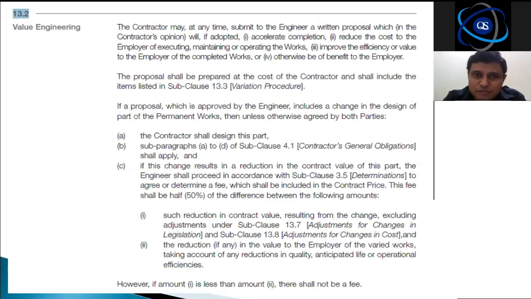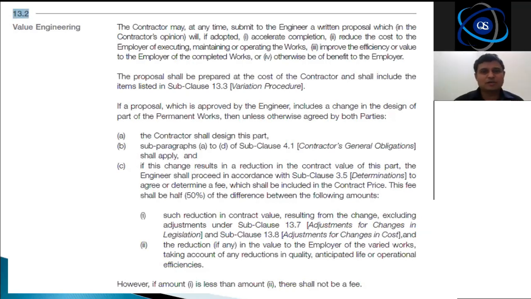Now the newer FIDIC version has already imposed the meaning of shall and may as well, because shall means you are contractually bound to do that. If you club all the places where it says engineer shall, contractor shall or employer shall, it gives you a very comprehensive list of things that you should do based on the contract. This says the contractor may: either he can do it or he cannot do it. It is at his discretion.